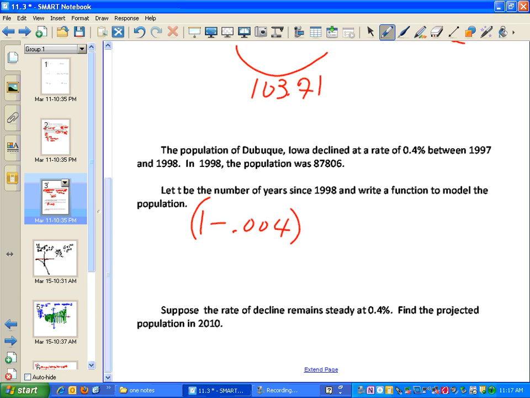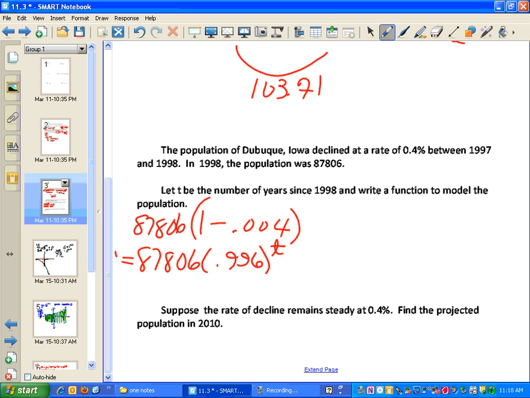Okay, and so how much do I have initially? 87,806, and so really I have 87,806 times, what is 1 minus 0.004? 0.996, and then they said write a function of the model, right?